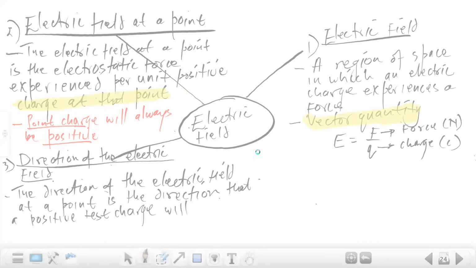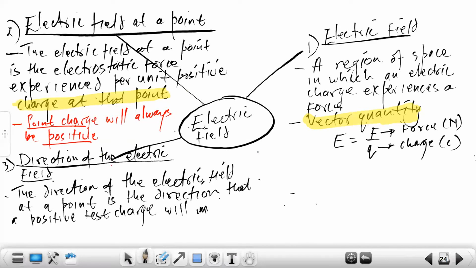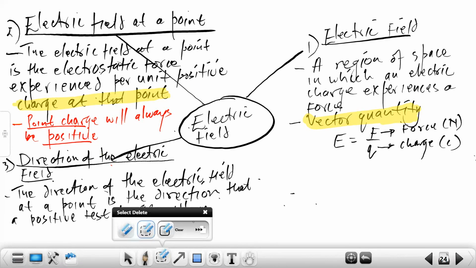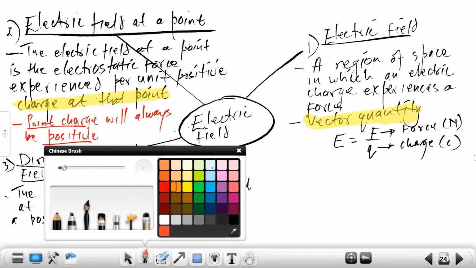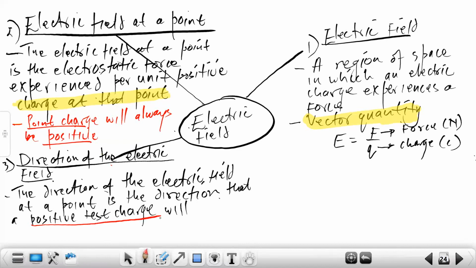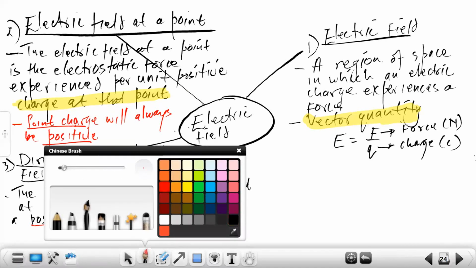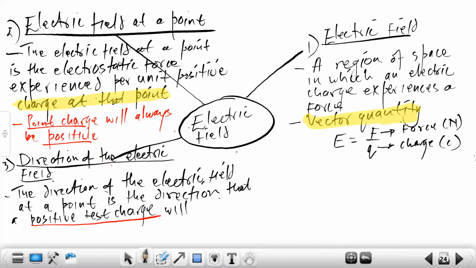In this case, it's a test charge, so we either call it a point charge, or we can further call it a positive test charge. A positive test charge will move if placed at that point.